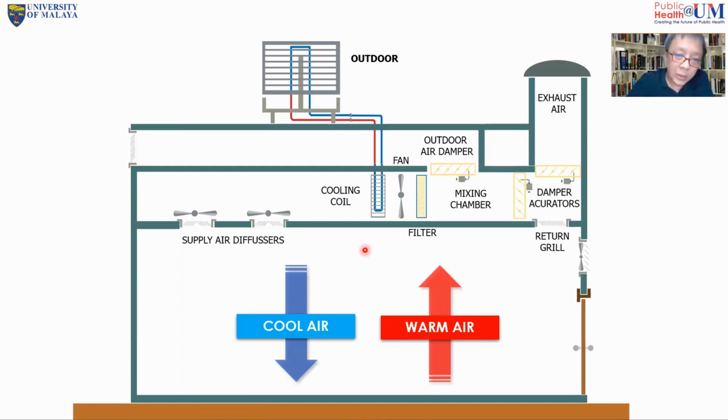So at the top you have warmer air. The warmer air goes through the return grill, and there is a damper actuator, and it can be released into the exhaust, or recirculated and mixed with the fresh air from outside, and then it flows through again. So there is a circulation of air within the room itself.